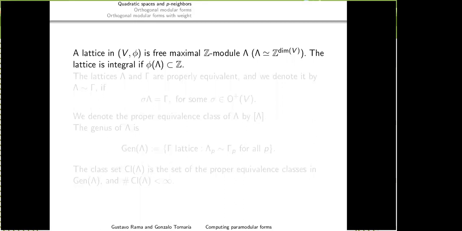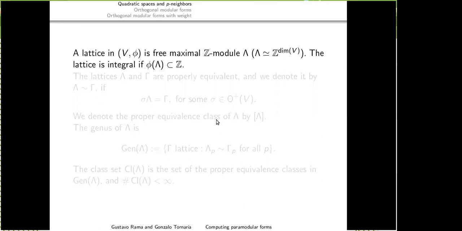Now, a lattice in our quadratic space B is a free maximal Z-module lambda. In other words, lambda is isomorphic to Z to the power of the dimension of the space.